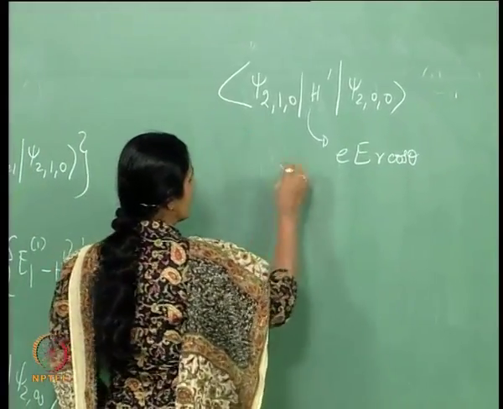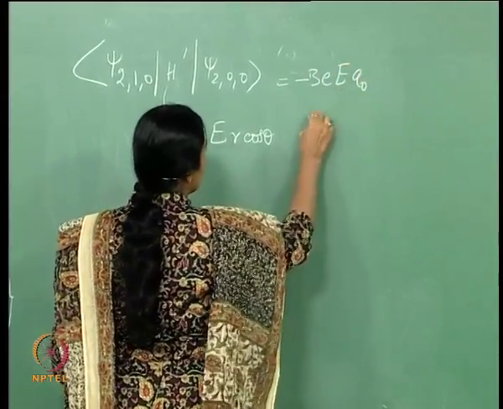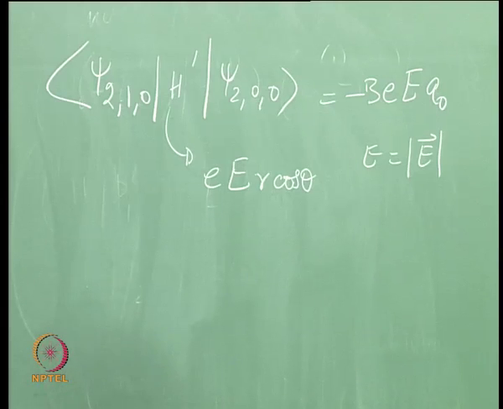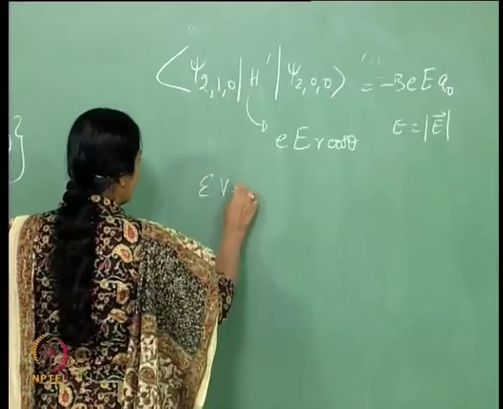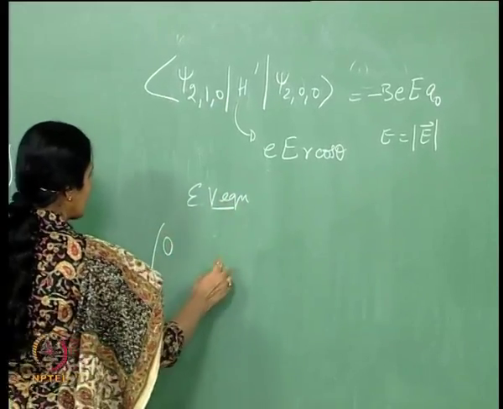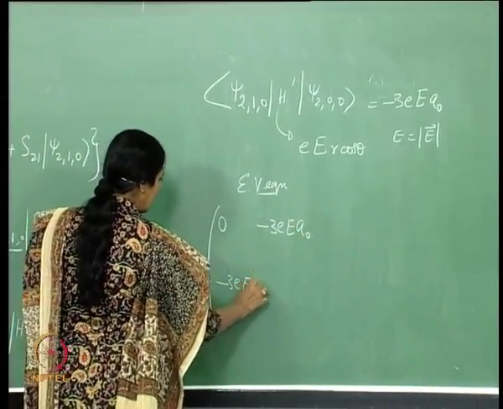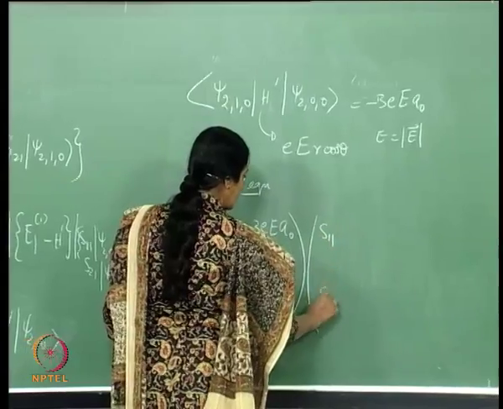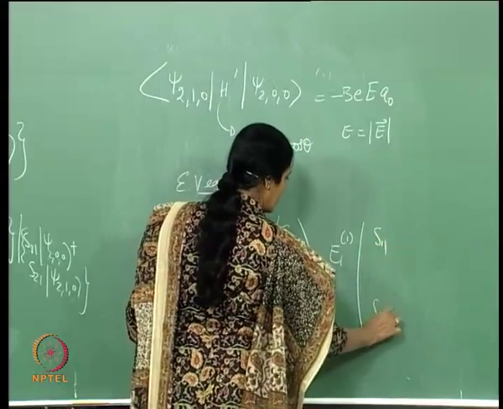I leave it to you as an exercise to show that this is minus 3 e E a0, where E is the magnitude of vector E. Remember, that was a constant electric field in the z direction. So, I can now go back and write down that equation. The eigenvalue equation is therefore 0, minus 3eEa0, minus 3eEa0, 0, acting on S11, S21 is E11 times S11, S21.